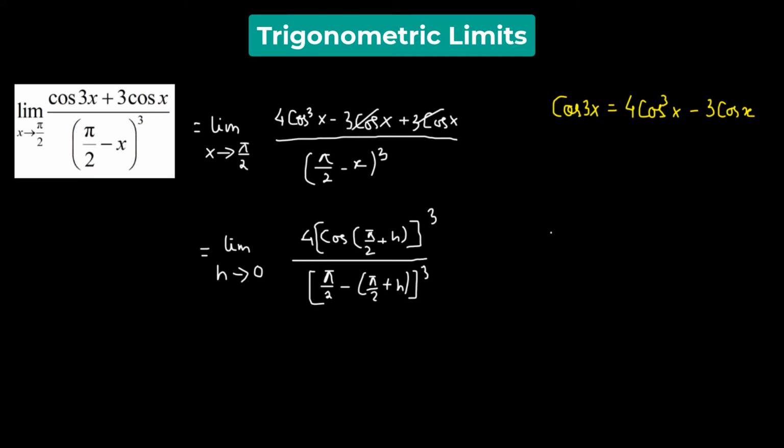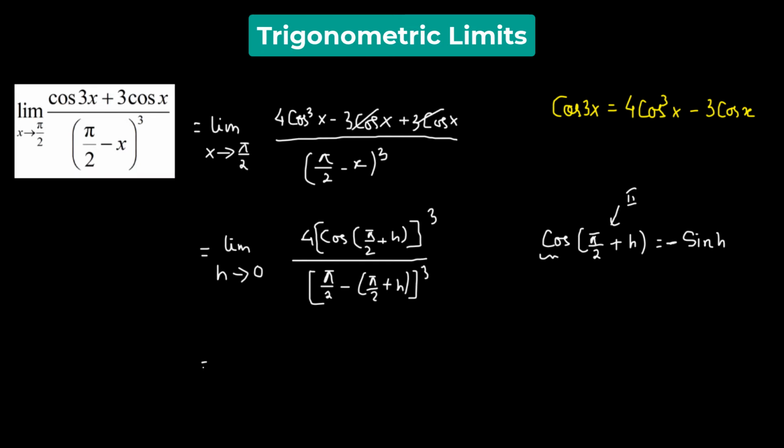Now we know that cosine of 90 plus theta, where theta is h, is equal to sine h. But we being in the second quadrant, in the second quadrant our sine function is positive, but we are working with the cosine function, so we'll get negative sine of h.